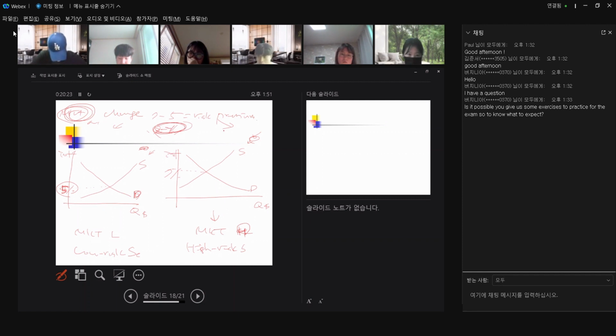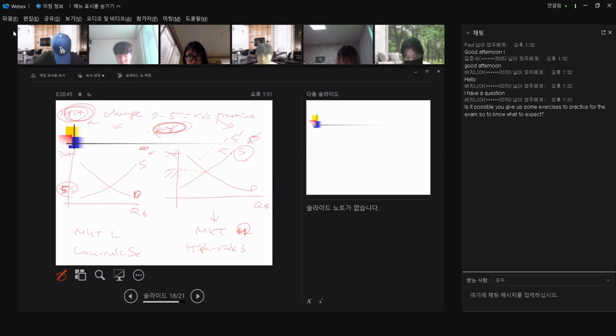Okay, so if we assume that the risk in market H is increased, then the supply curve now shifts to the left-hand side, just like that one, right?